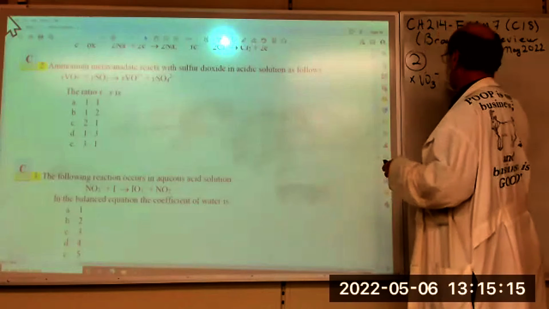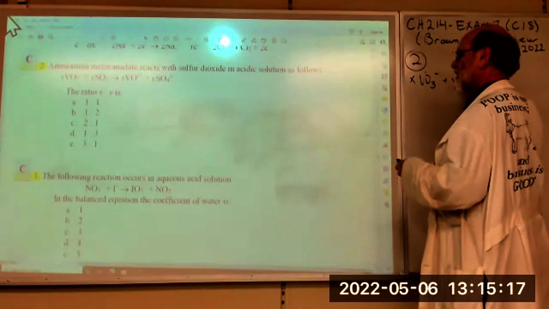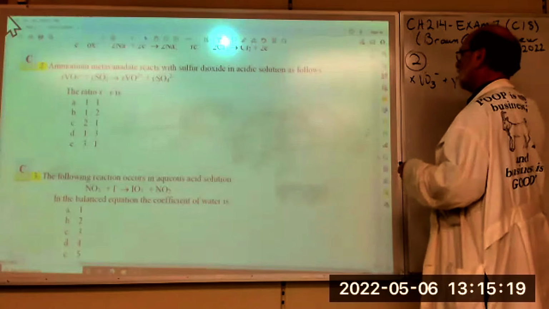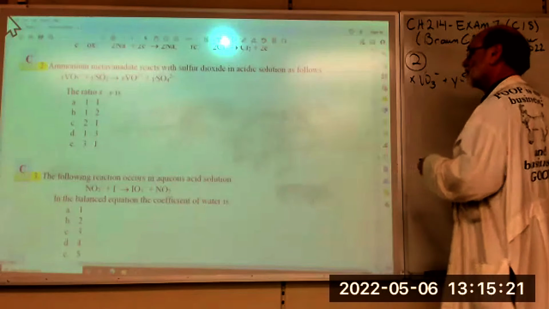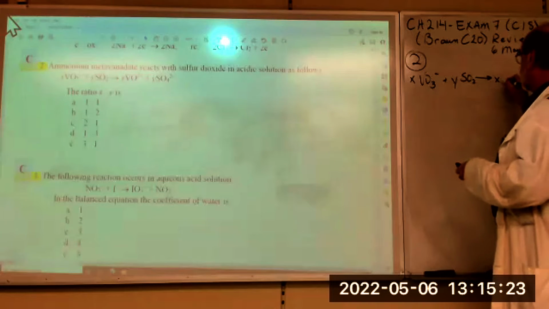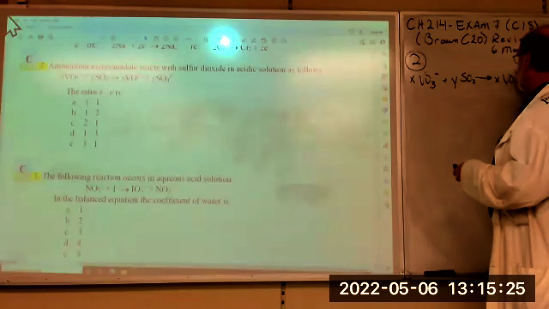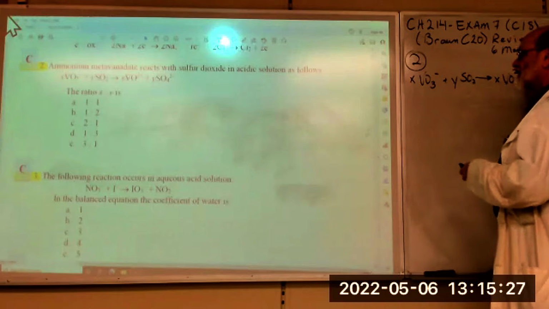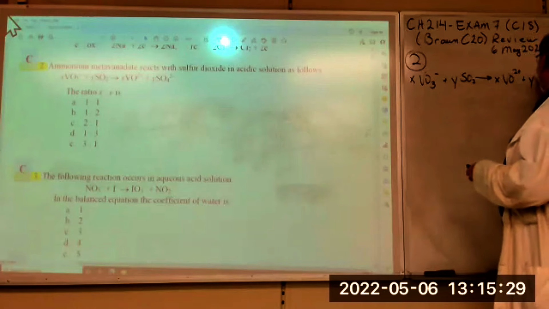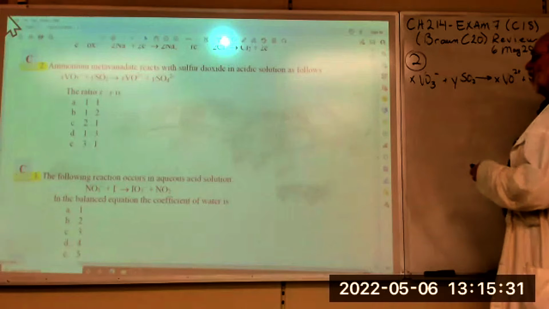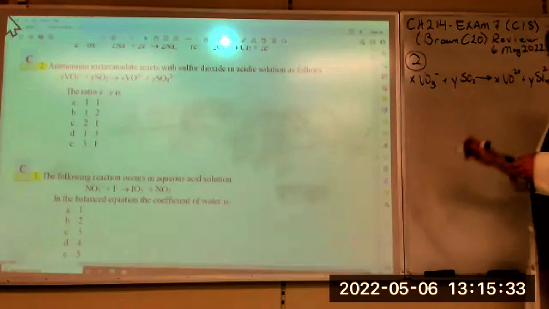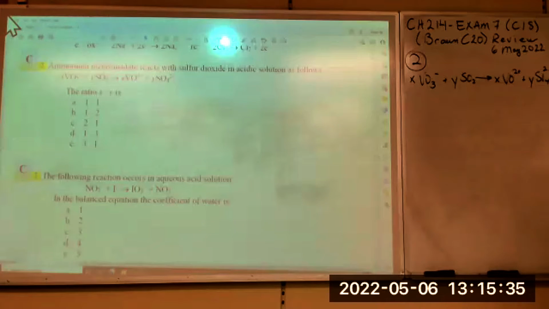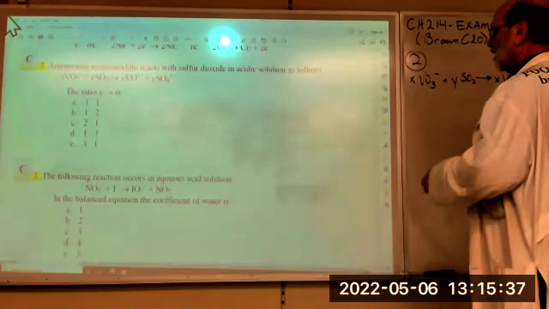XVO3 minus plus Y SO2 yields XVO2 plus Y SO4 2 minus. It's just barely on the screen. Okay.